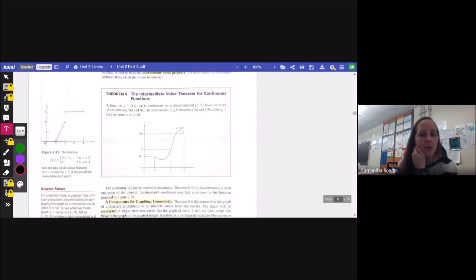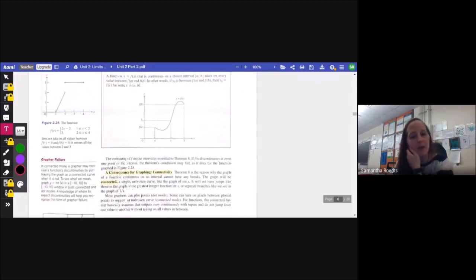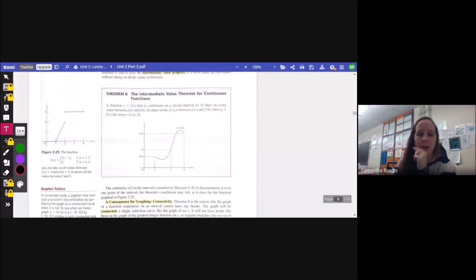Okay. So the continuity of f on the interval is essential to theorem 8. If f is discontinuous at even one point in this interval, the theorem's conclusion could fail. So from here, it fails because there is this discontinuous point. There's a jump discontinuity.